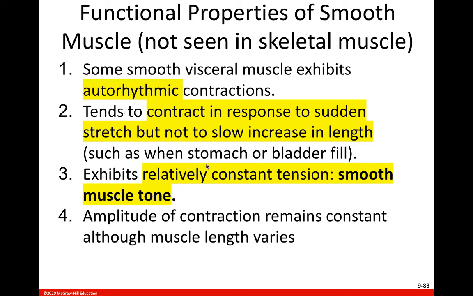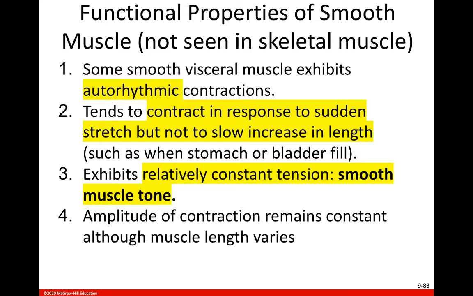Another thing that is different from skeletal muscle, it will contract to sudden stretch, but it will not be stimulated to contract by a slow increase in stretch. So for example, when your bladder slowly and gradually stretches, you can still hold your bladder.